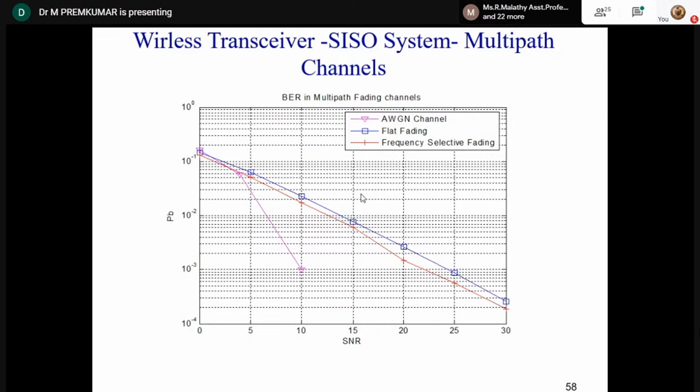So you have to spend more power: more than 12 dB for this particular modulation scheme, and around 13 dB for this one.